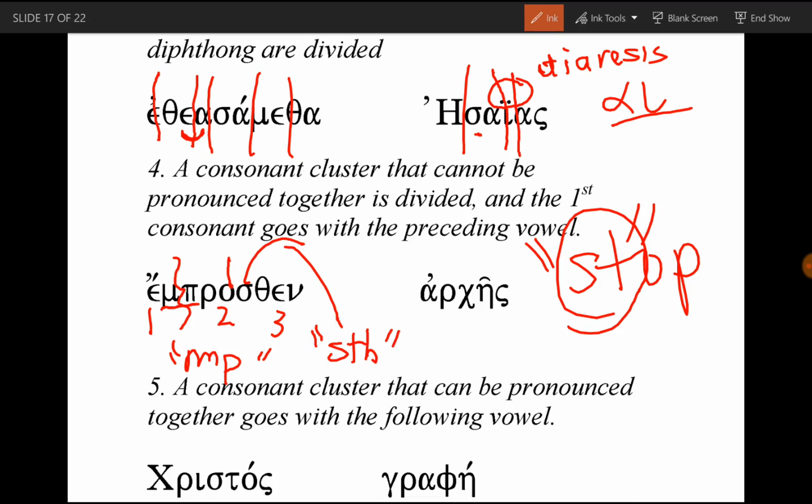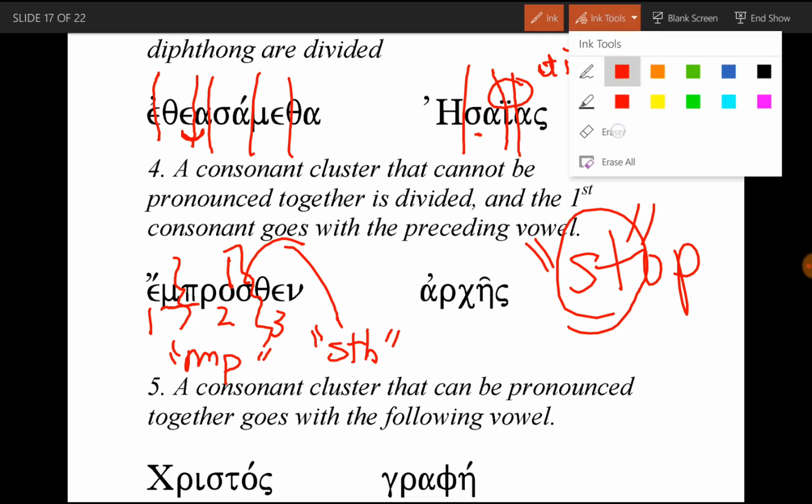Is there a word that begins with that? No, I can't think of one word in English that begins with an S-sounding letter and a TH sound. So this has to be divided. So it's M, prosthen, M, prosthen. Just to make this a little bit clearer.